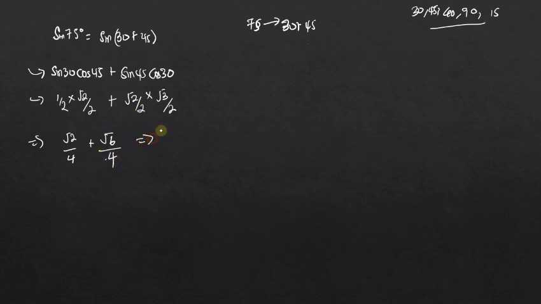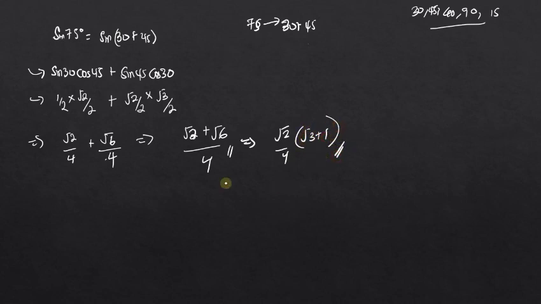And then when you add, this will give us square root of 2 plus square root of 6, all over 4. That will give you the final answer to that question. You can factorize square root of 2 out, and this should give you this.